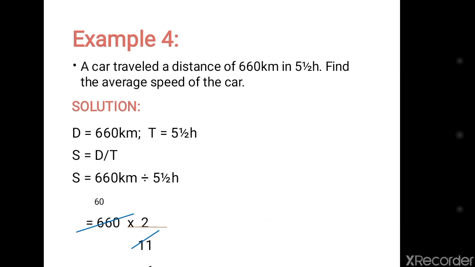If you have forgotten how to do reciprocal, you can just let me know and I'll send you a video on reciprocal. So the reciprocal of 5.5: 5 times 2 is 10, plus 1 is 11, and then the reciprocal will be 2/11. And 11 into 11 is 1. 11 into 660 is 60. So 2 times 60 will give you 120. So speed is 120 kilometers per hour.